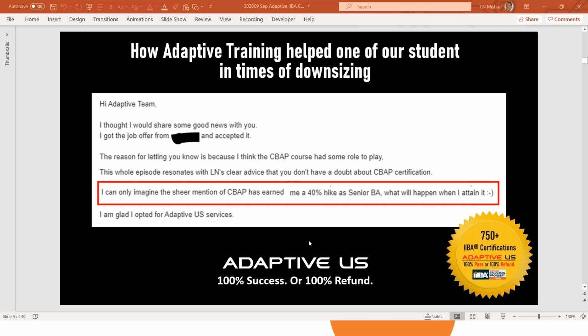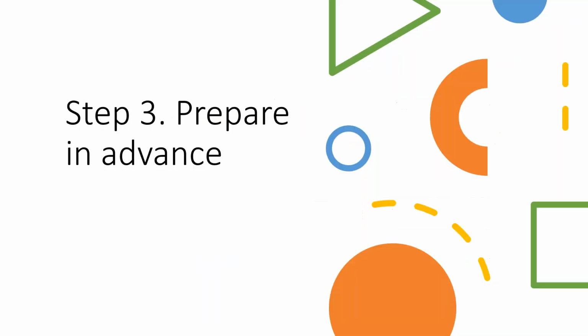And unfortunately, many professionals do not upskill themselves. They do not keep themselves abreast of the new things happening in the marketplace. And sometimes due to technological change or an external factor, their jobs become redundant. So please don't get into that complacency mode.